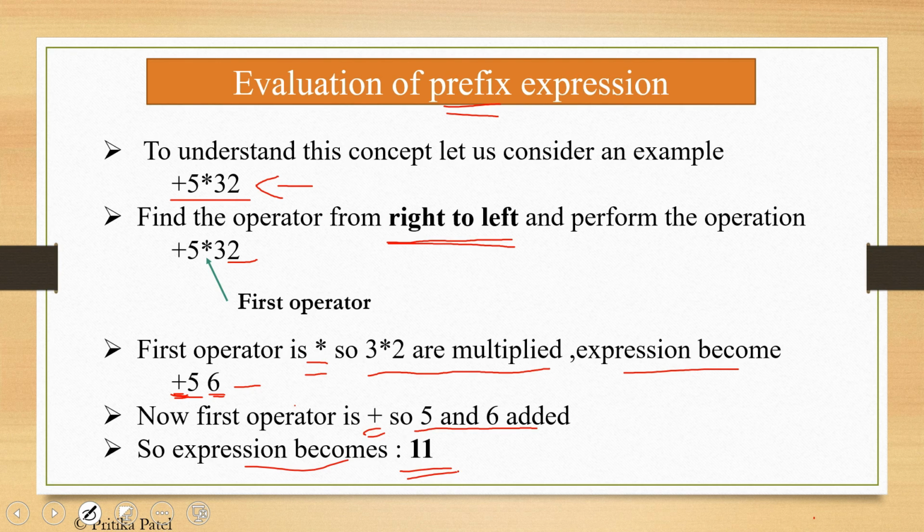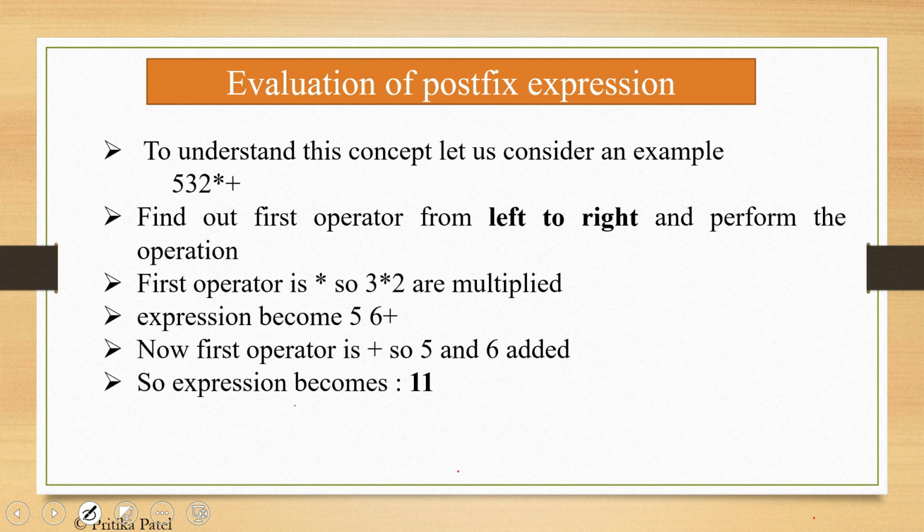So for a prefix expression, what is the condition? We have to make a note that our expression is scanned from right to left, and whatever operator is found, based on this operator we perform the operation. Then next one is evaluation of postfix expression. To understand this concept, let us consider an example: 5 3 2 into plus.